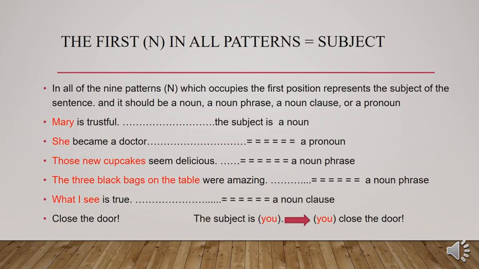Those new cupcakes seem delicious. Seem is the main verb in this sentence. It is preceded by those new cupcakes, which is the subject in this sentence. This subject consists of the noun cupcakes, preceded by new, which is an adjective that modifies cupcakes, and those, a demonstrative pronoun that also modifies the cupcakes.